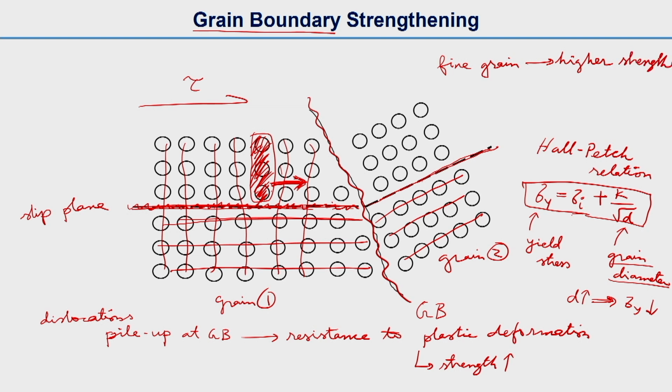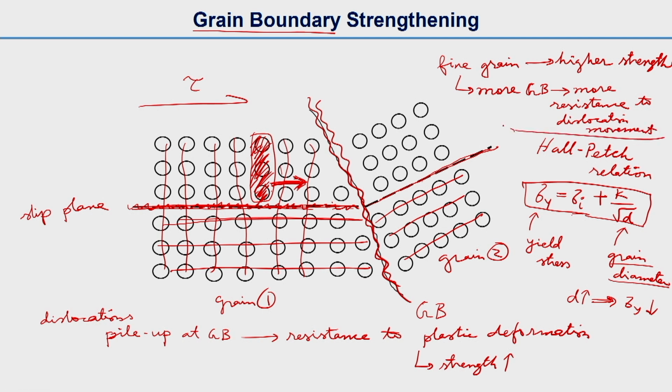You can probably understand that if it is fine grain, there is more grain boundary. We should not call it length, because what we are seeing here is two dimensional, while the grain boundary is a three dimensional surface. So with more grain boundary area there is more resistance to dislocation movement, and that is why the strength increases.